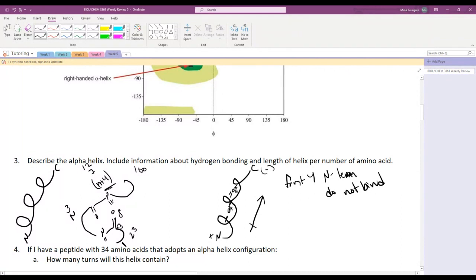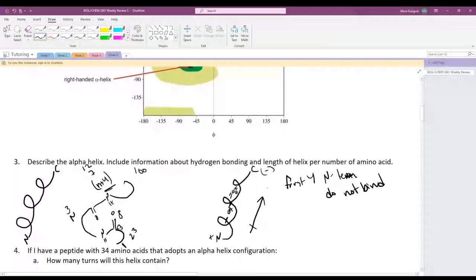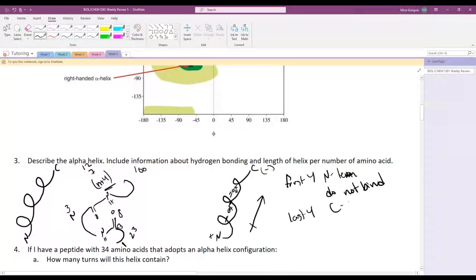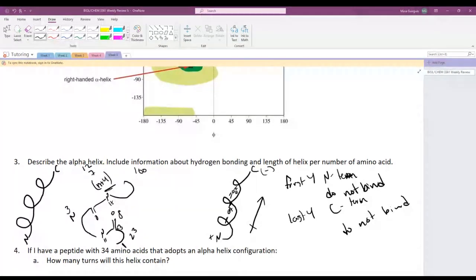And we can actually do this in the opposite direction too. The last four, or the four closest to the C-terminus, carbonyls or C-sides also do not bind because they don't have an amide ahead of them because they're at the very end.